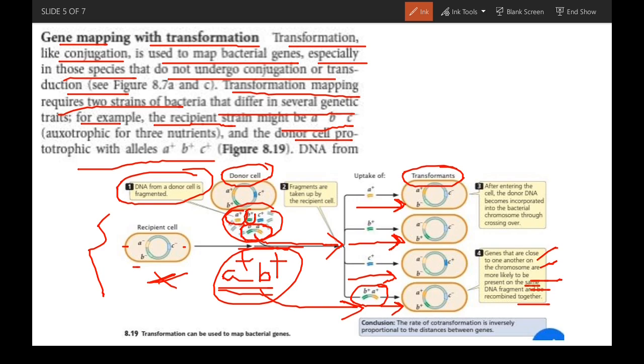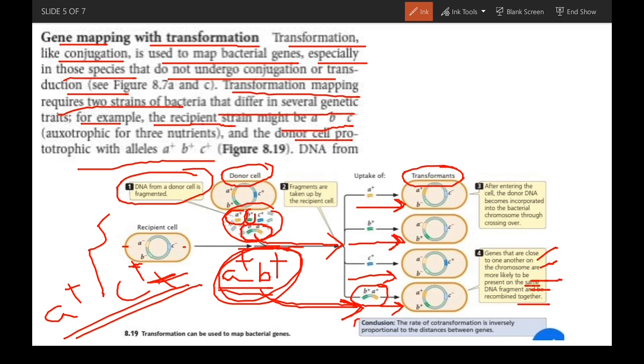So A and C are not being co-transferred together. A plus and C plus must be far away from each other because they are not being co-transferred, or no co-transformant is formed by them. So they must be far away. There is no linkage between them. While A plus and B plus must lie close together because they are being transferred together.